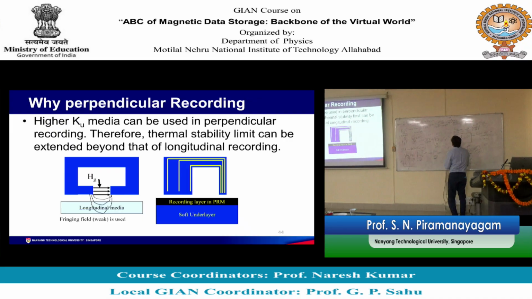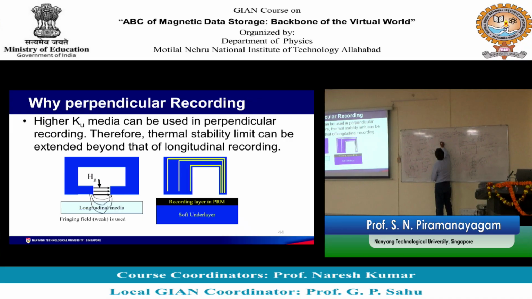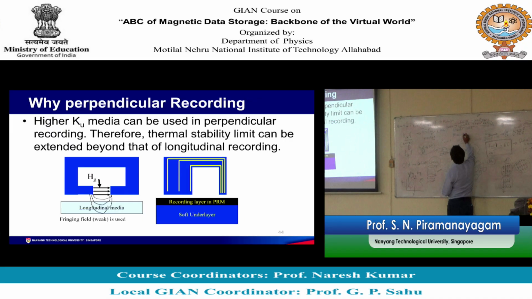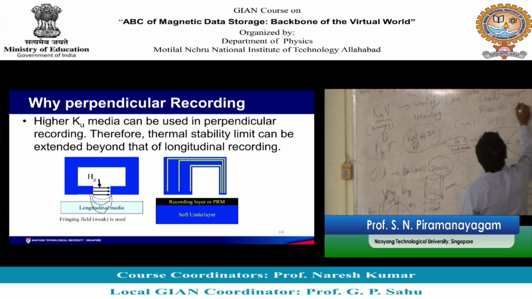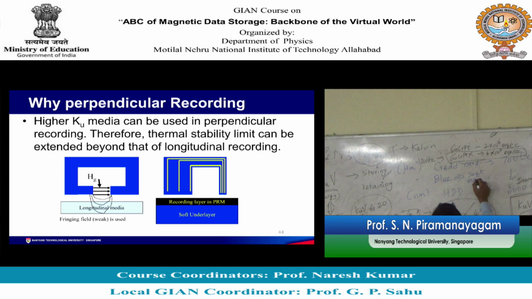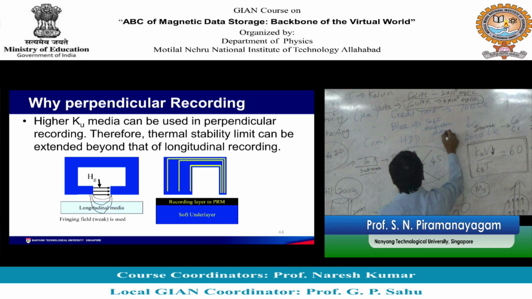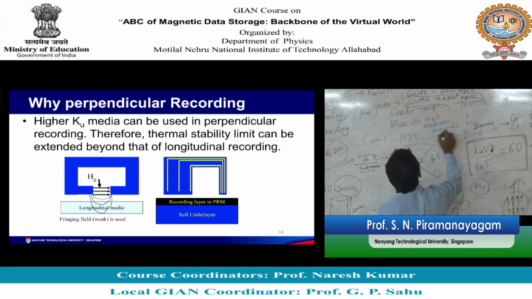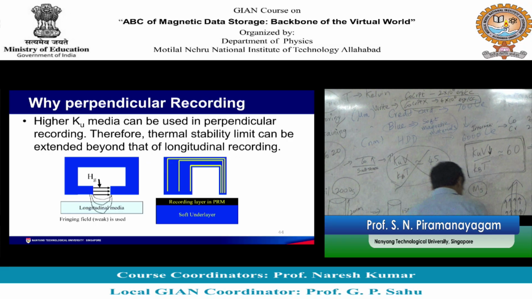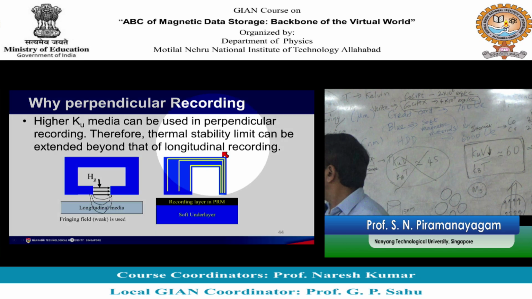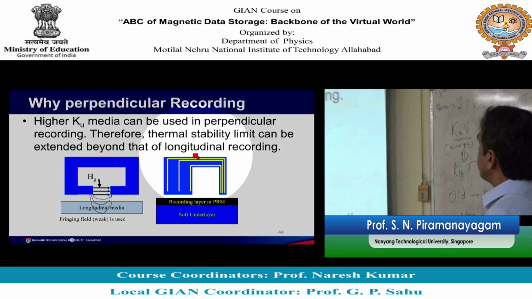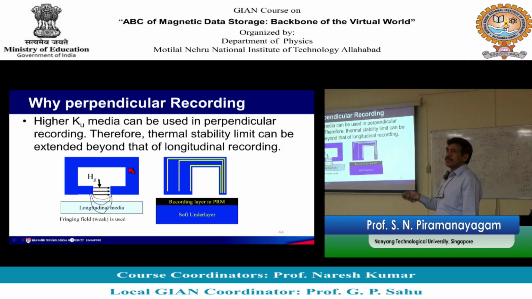Here I have a color code. All the blue regions here are made using soft magnetic materials. Whether it is longitudinal recording or perpendicular recording, blue means there is a soft magnetic material.